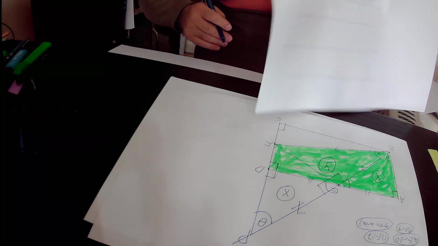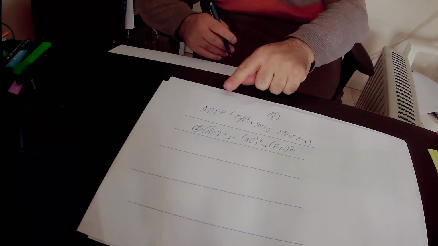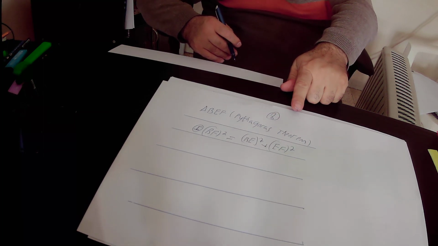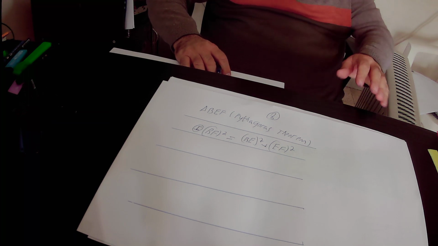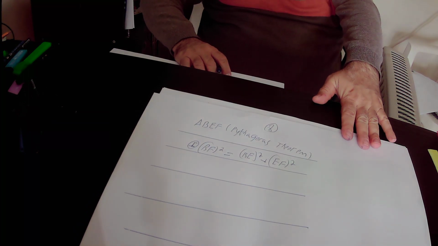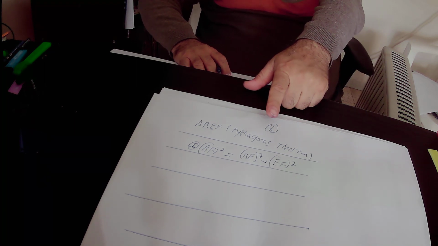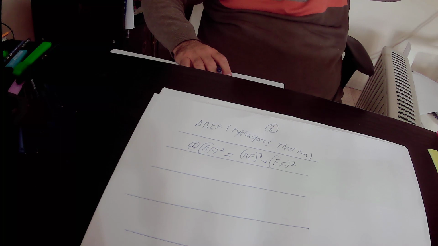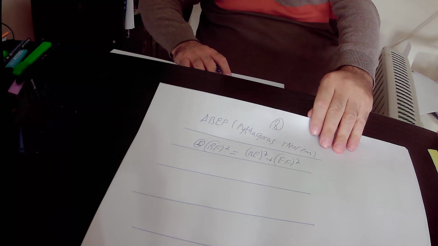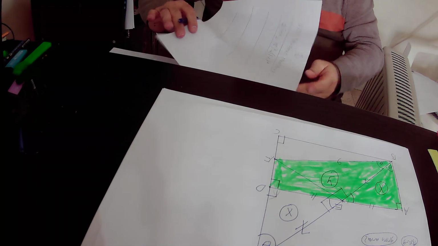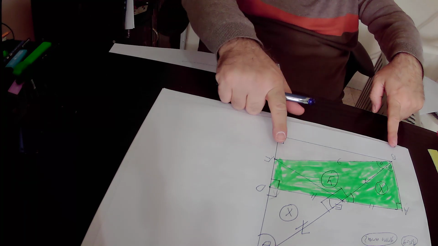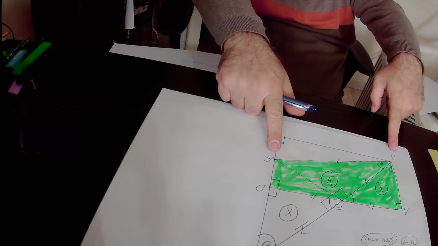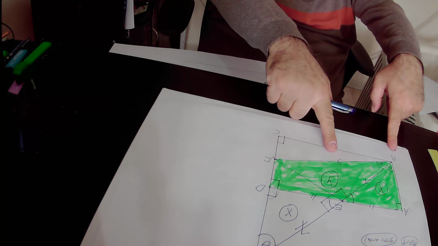I will repeat again. In the green right triangle BEF, according to the Pythagoras theorem, the square of the hypotenuse equals the sum of the squares of the perpendiculars: BF squared equals BE squared plus EF squared. Okay? But it is given in the question that BF equals 9 units.